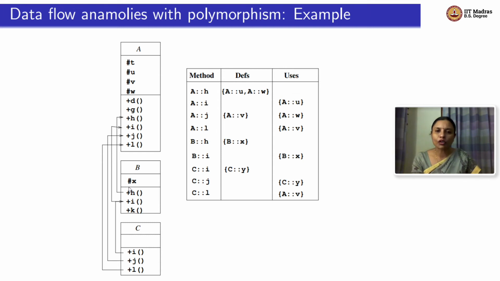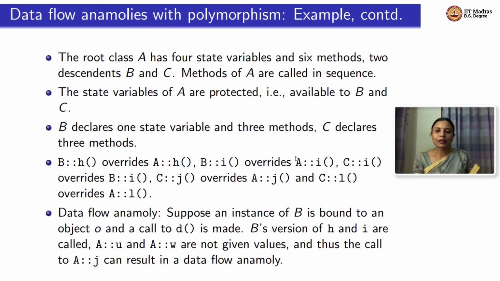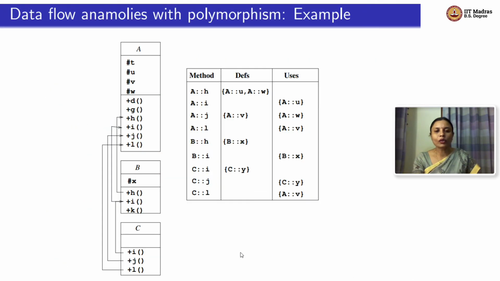After that, B's version of I is going to run, and B's version of I is going to use that variable. And then let's say you continue, A's version of I will run, A's version of J will run, and so on, because they are called in sequence.